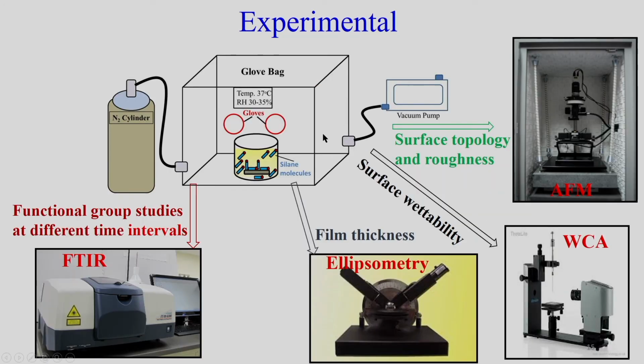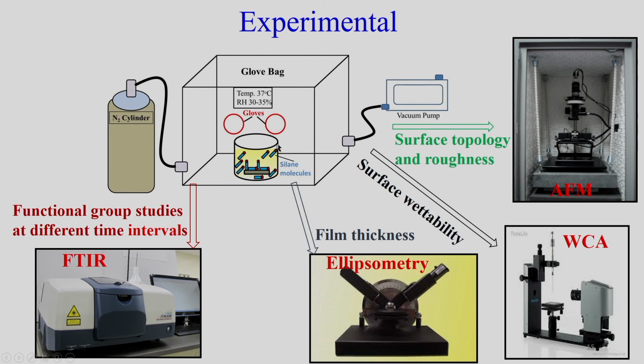So, this experiment was performed. This is your reaction mixture, which has a surface and the silane agent. It was performed at 37 degrees centigrade in an inert atmosphere like nitrogen, and the solvent was anhydrous toluene.